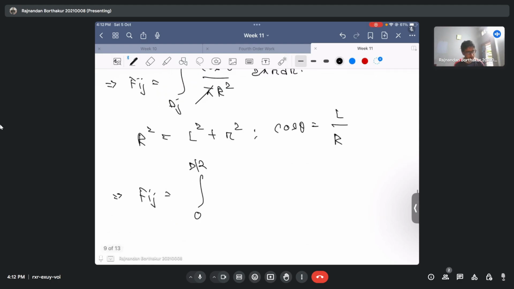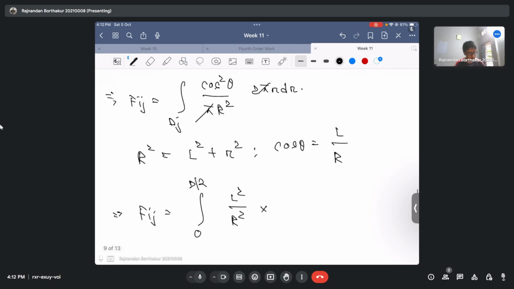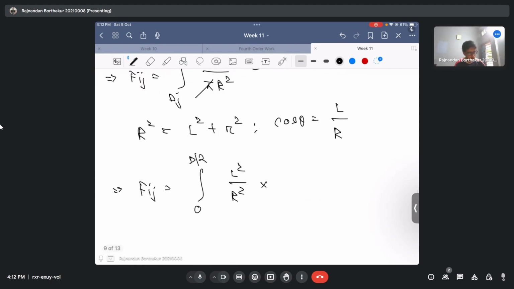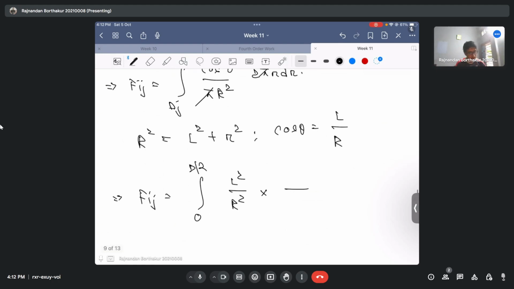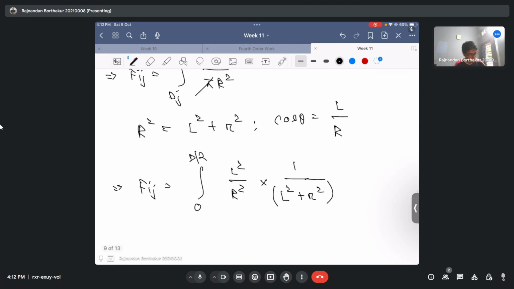Okay, then cos square theta is nothing but L squared by R square, times 1 by R square. I think we're doing it correctly, right? So 1 by R square is just 1 by L square plus small r square. And of course you need to integrate it with r dr.